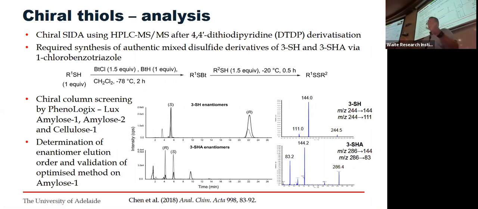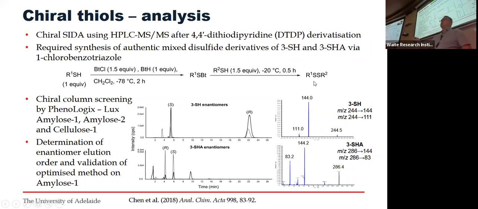And you're talking barely femtograms, or maybe attograms, of compound that you actually inject into the instrument. Whereas for chiral column screening, so we didn't have to go and buy heaps of $2,500 columns, we produced the authentic derivative, which we never normally isolate, but using a bit of simple chemistry, we made it.